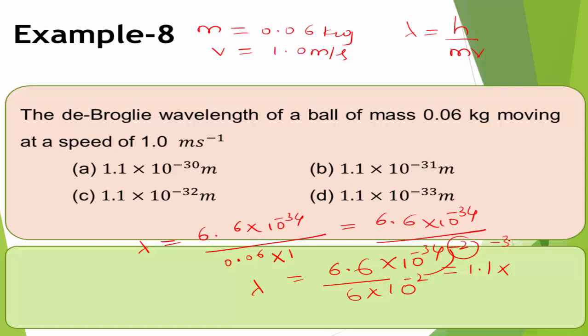Now minus 34 plus 2 gives 10 to the power of minus 32 meter. So 1.1 into 10 to the power of minus 32 meter. Option C is the right answer.